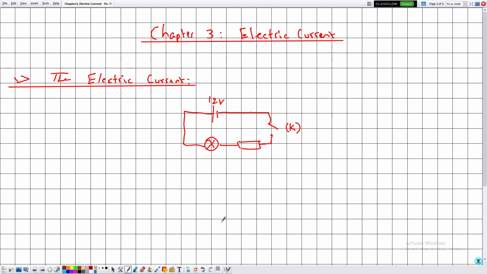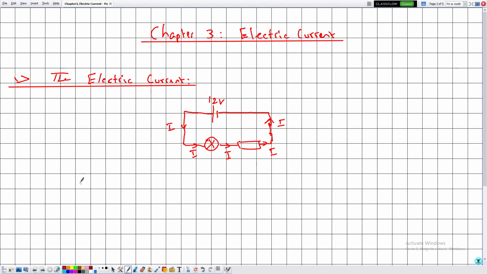Now the moment we close the switch, we know that this circuit will be traversed by a current I. So this closed circuit is being traversed by the current I, and the direction of this electric current is from the positive pole to the negative pole.